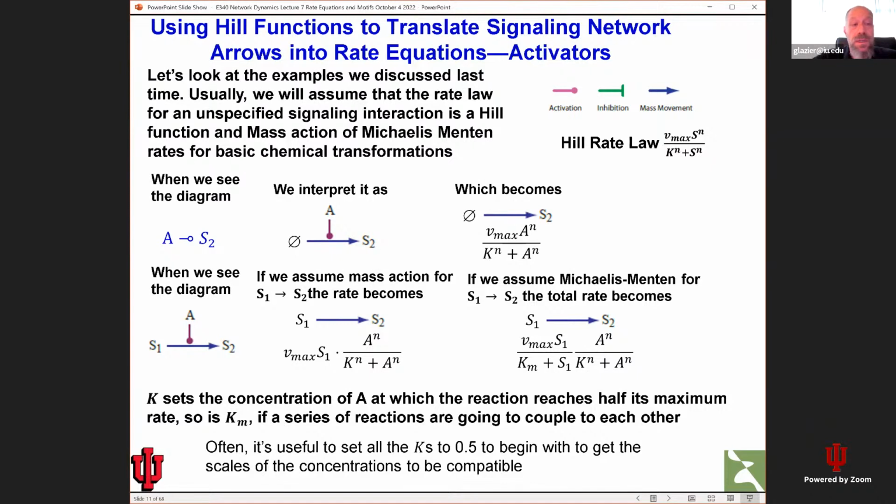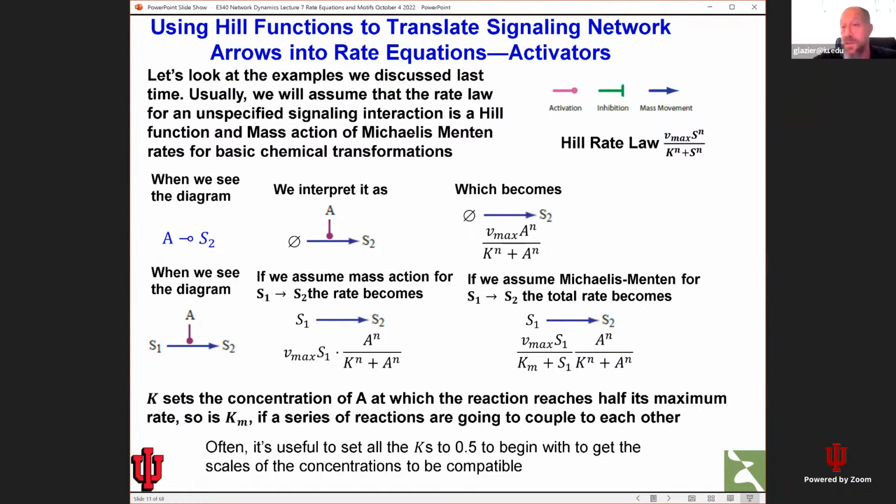So we're going to assume that A activates S2, and we're going to interpret this in the following way. In particular, this doesn't tell us what is being turned into S2. It says that S2 is appearing out of nothing. So the only thing we can do as a chemical reaction is to say nothing goes to S2.